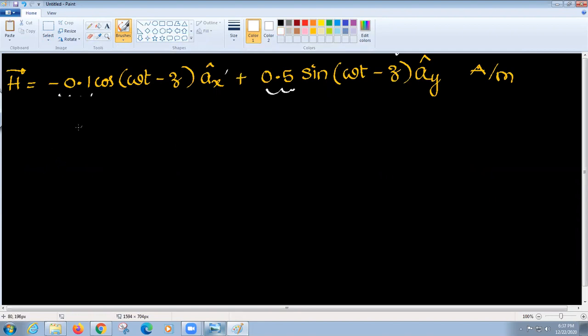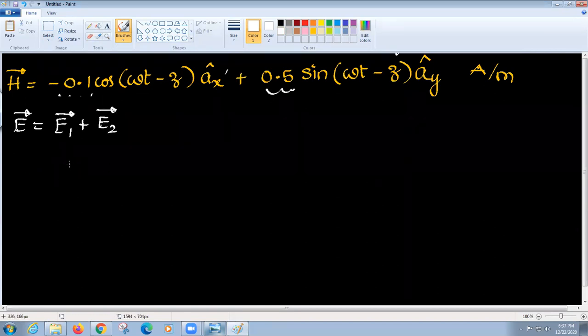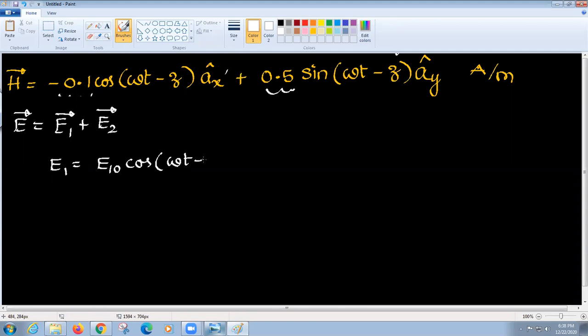Now I can say, anyways, we have E is equal to E1 plus E2. So I can write down E1 is equal to E1 naught cos omega t. I want to take the same form as H, which is something like H1 naught cos omega t minus beta z. Now I'll take this as E1.